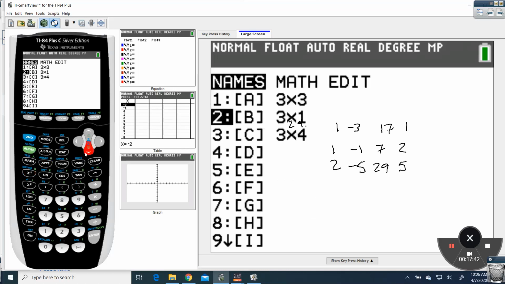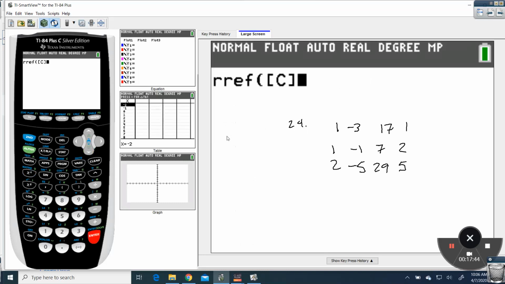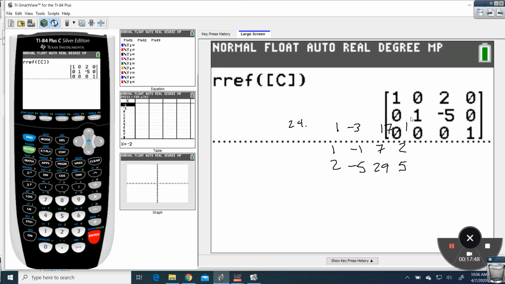We're choosing C. I could hit just 3, and voila. Oh, but remember what we said about 0, 0, 0, 1? Well, that means there's no solutions. Okay, so that's no solutions on that problem, because I can't have 0, 0, 0 equals 1. It just doesn't make sense. So that's no solutions.